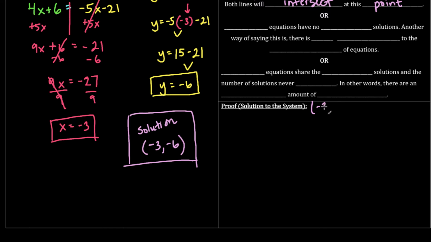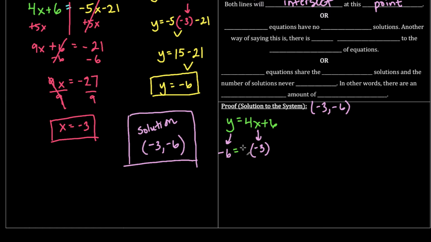All right, so let's go ahead and prove this. Remember, this is negative 3, negative 6. My first one was green, so I'll use that: y equals 4x plus 6. The x becomes negative 3 and the y becomes negative 6.